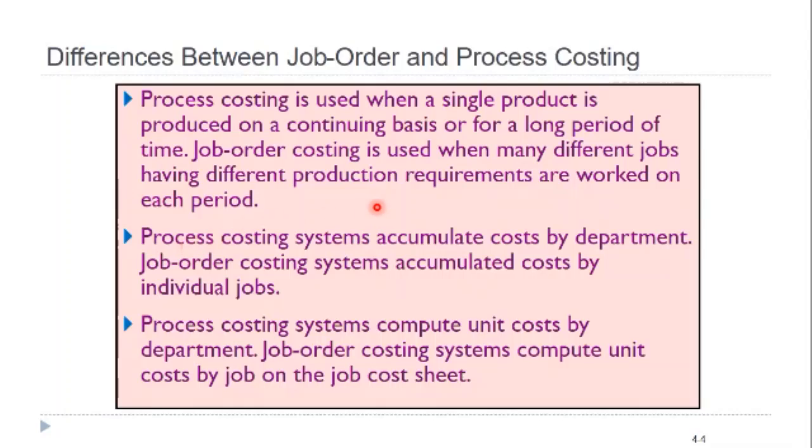Job costing is something like building houses, right? You could work on many different houses and they are all different. Process costing, on the other hand, is something like manufacturing soft drinks, one large amount for a long period of time, and the product is not different.